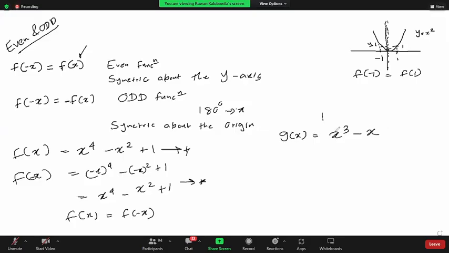Right? So let's check. Let's apply minus x first.